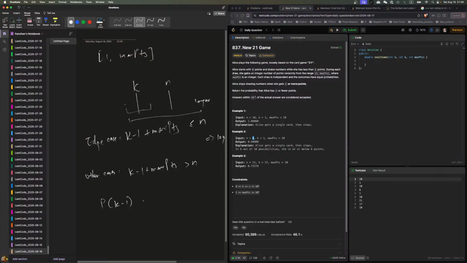That will be multiplied by, plus this is larger than n, right? So basically we'll have n minus k minus 1 plus max points. Now this one minus n, so like this, divided by max points.